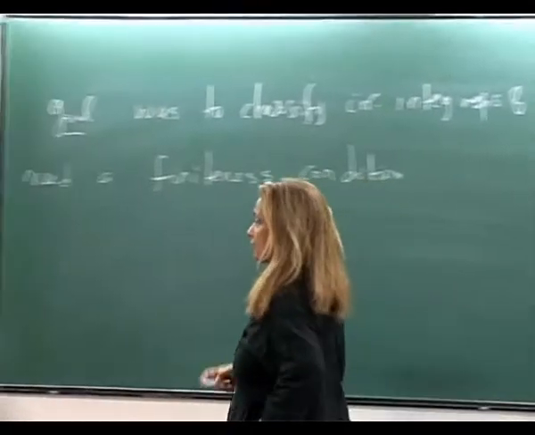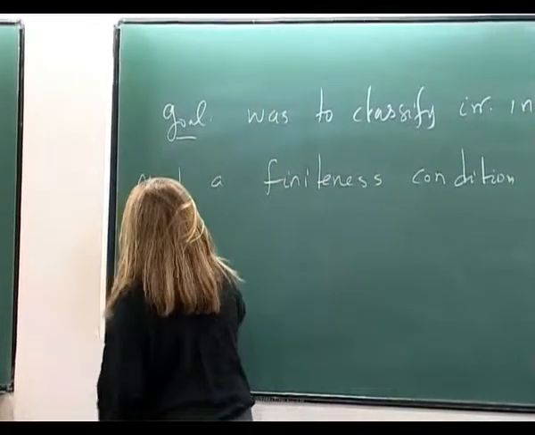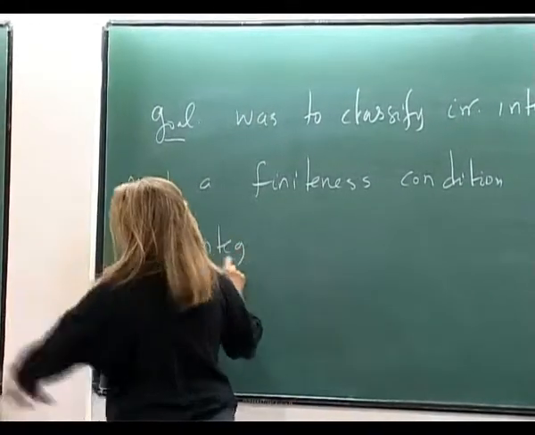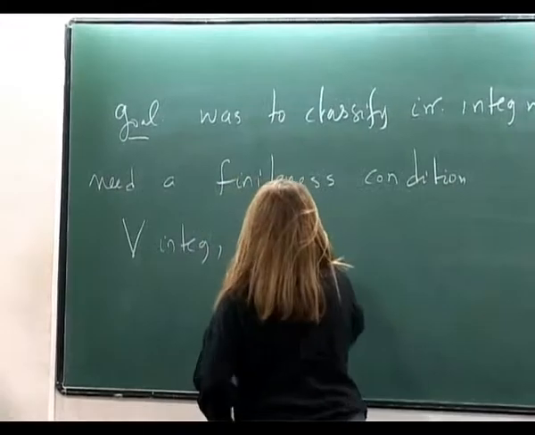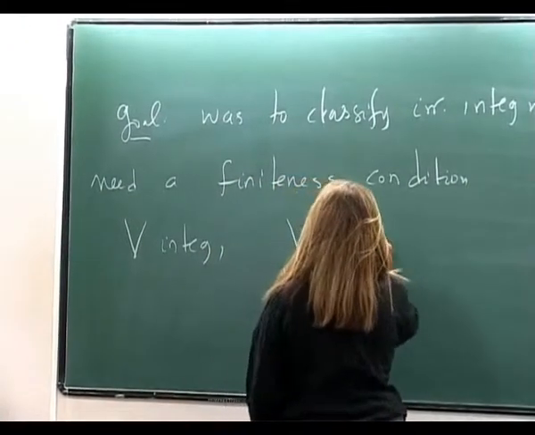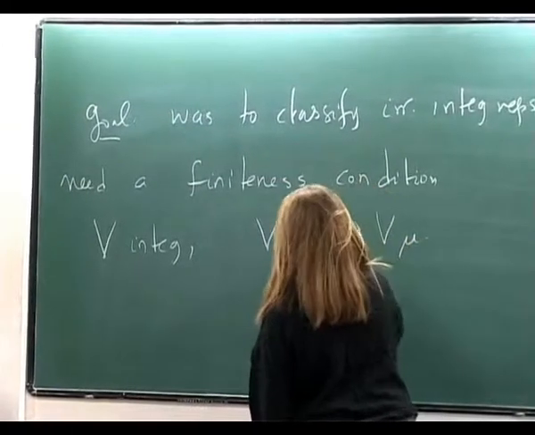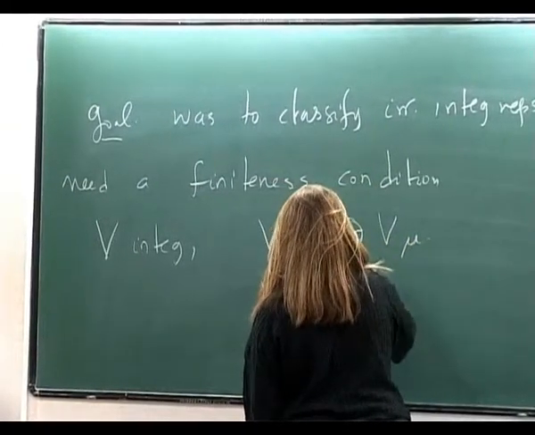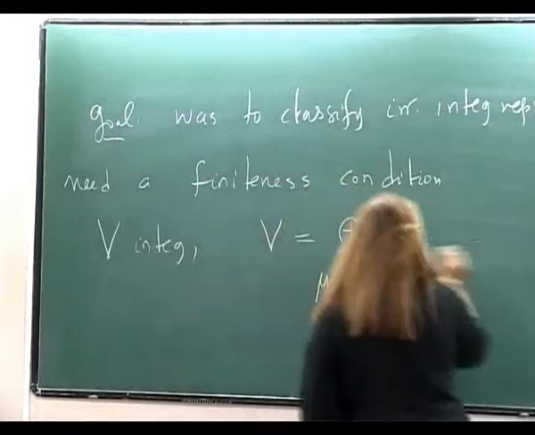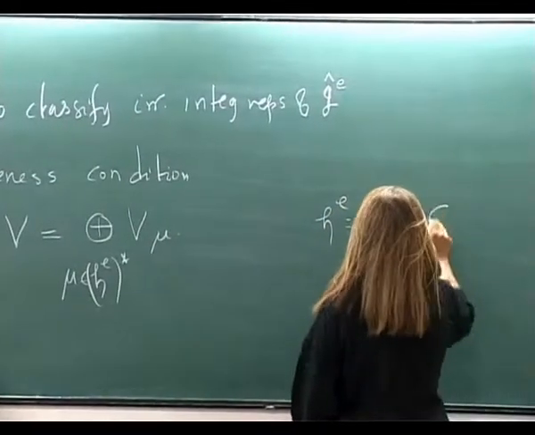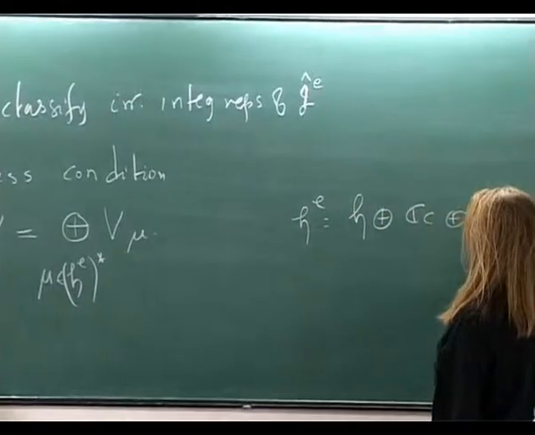Vishwanath told me yesterday, I forgot to say something in my definition of integrable. So we have to assume that V is integrable. There's an assumption that I left out yesterday, which is that you have to assume that V is a direct sum of eigenspaces for the Cartan subalgebra. So the Cartan subalgebra we said was H direct sum Cc direct sum Cd.